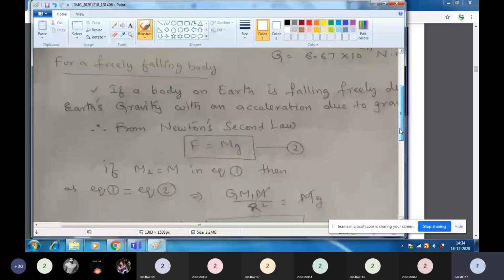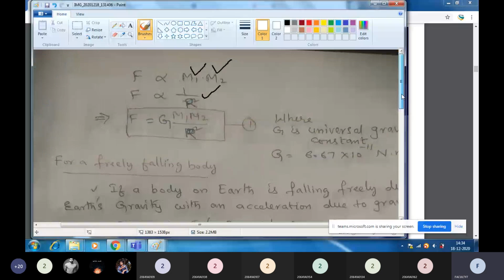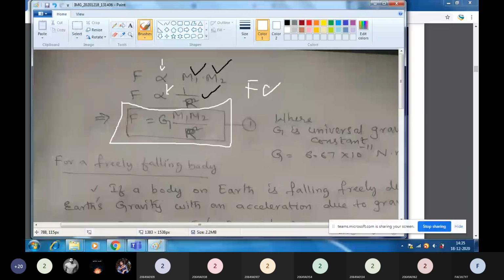Now let us take this as the first equation. How did you get the first equation here? You need to take out these proportionalities. You can write the equation as F is proportional to m1 into m2 by R square, capital R here.